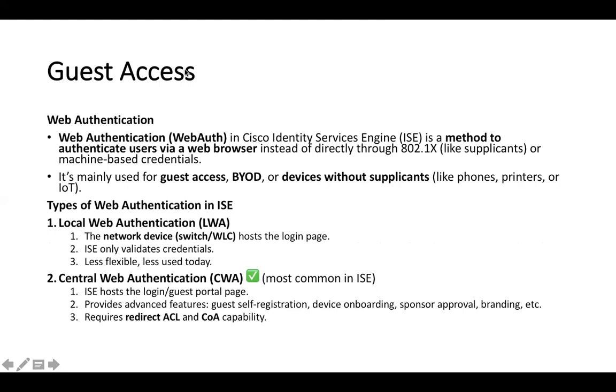Guest access means devices in your network which are not identified, authenticated or authorized by ISE. That should be rejected, that's the default behavior, isn't it? But we have to somehow allow them access. I'm talking about the guest.